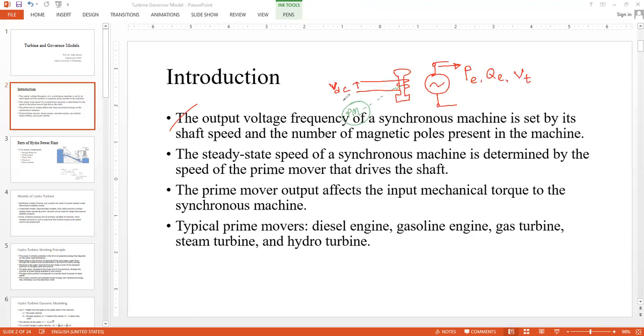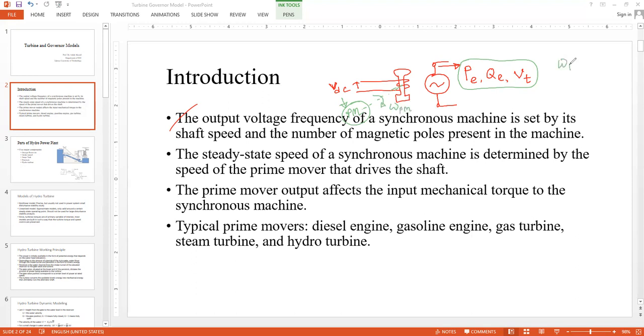So what is the job of this prime mover? If you vary the speed of the prime mover, which of these parameters would be affected? Let's say this is the speed, omega of the prime mover.